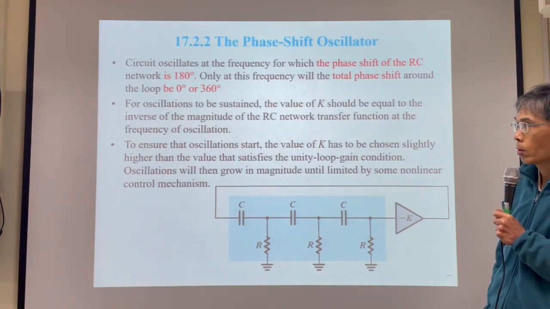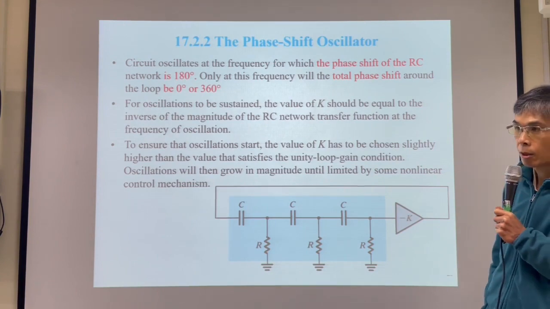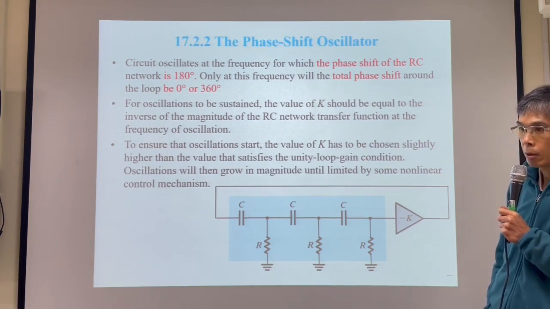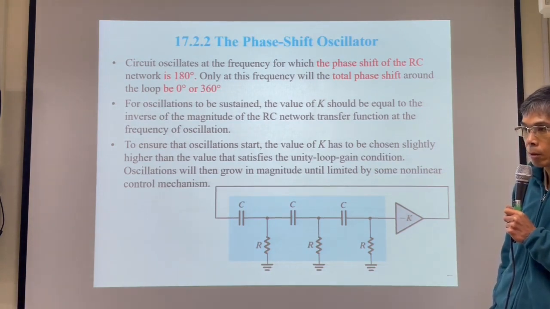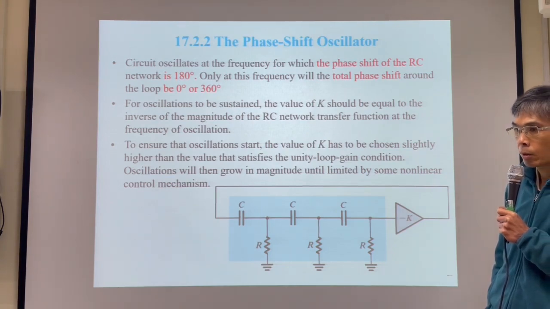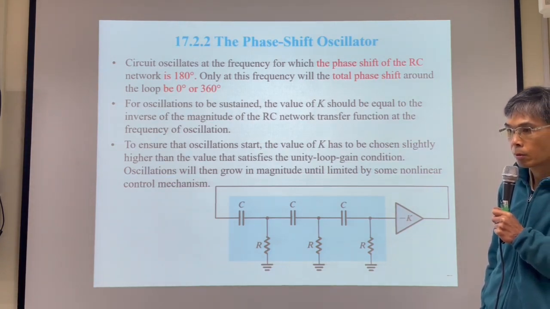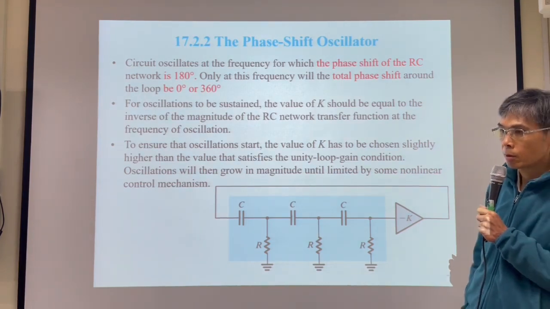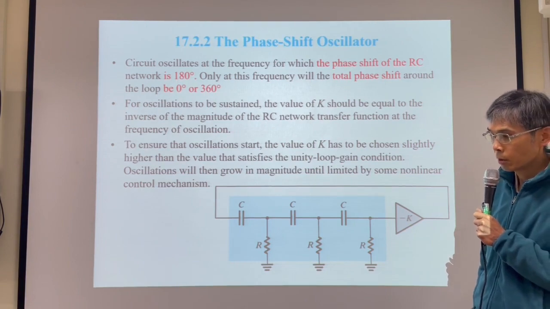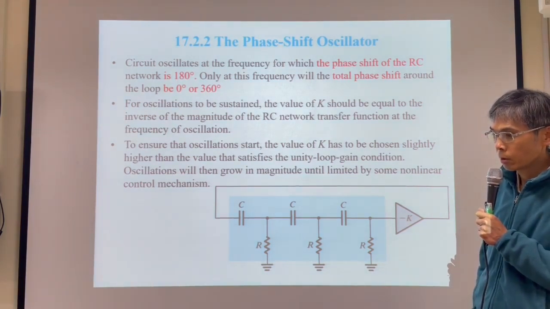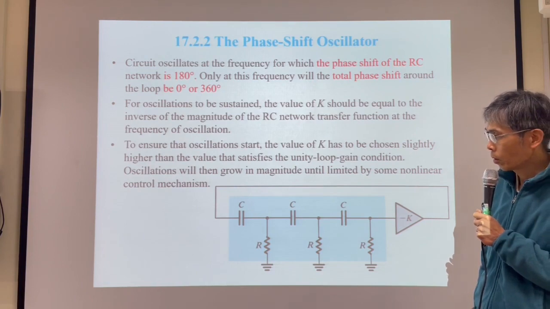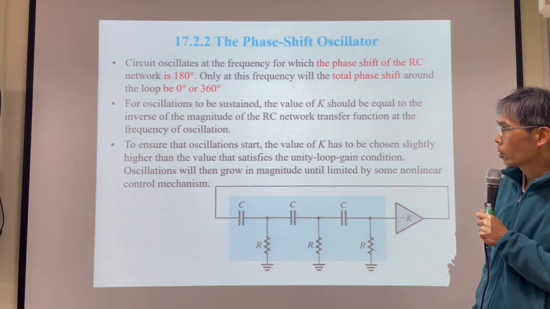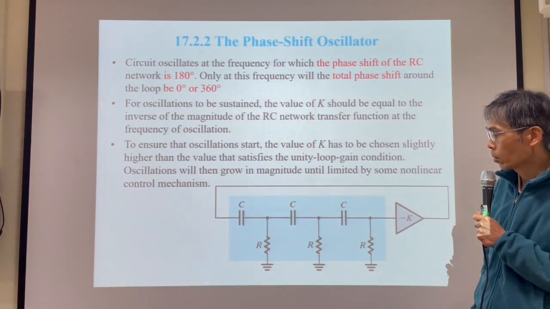Because this can fit the Barkhausen rule. Barkhausen rule: one is gain equal to one, and the second is the total phase needs to be 0 degrees or 360 degrees.